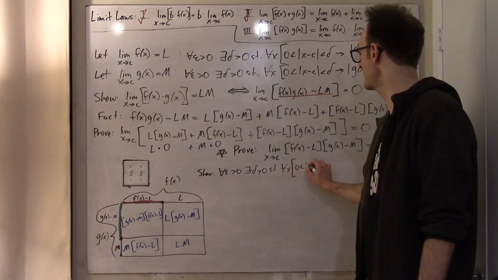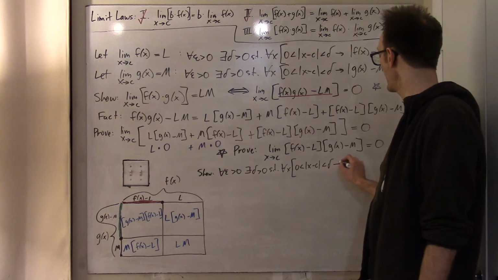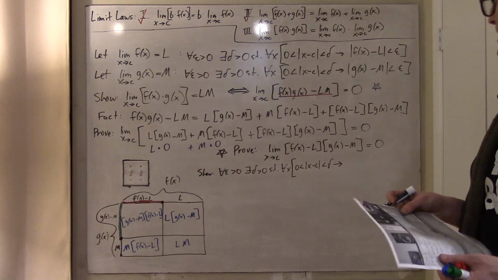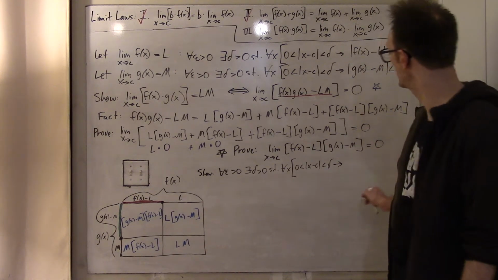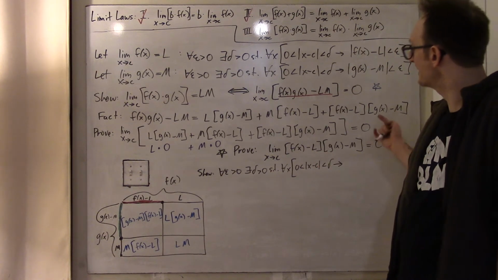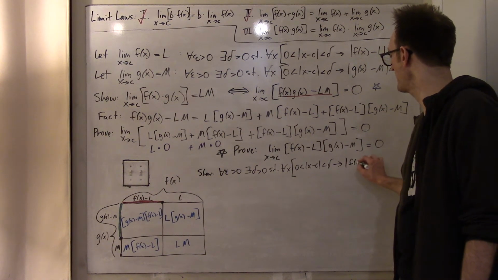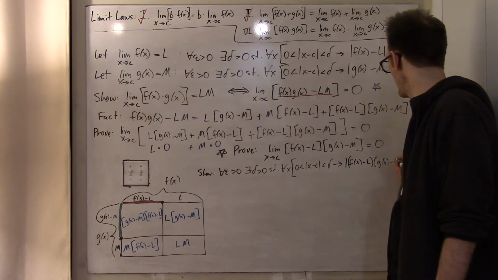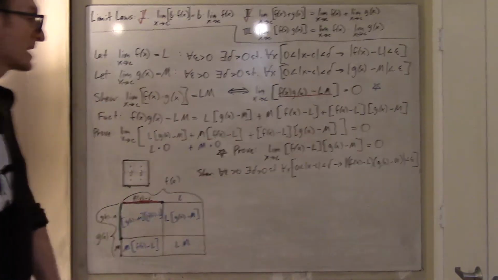I'm going to get delta close, such that, and now it's hard to write this, but basically I need the difference between my function, which is this product, and the limit, which is just 0, to be less than epsilon. So maybe it's not that hard, right? I need the absolute value of f of x minus L times g of x minus m to be less than epsilon. Okay, so that's what I need.